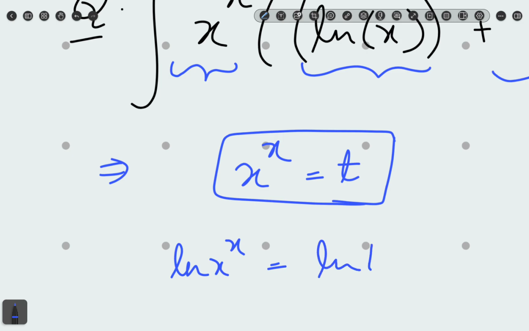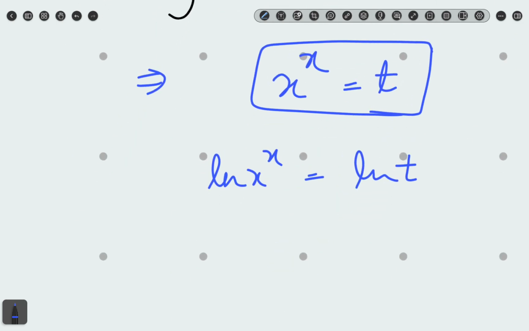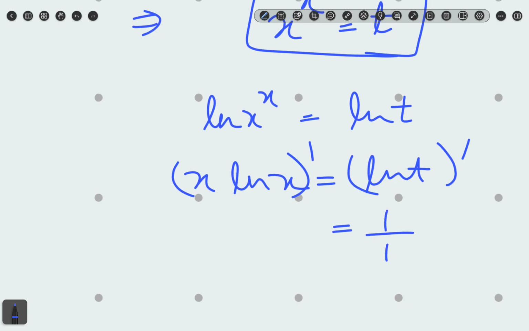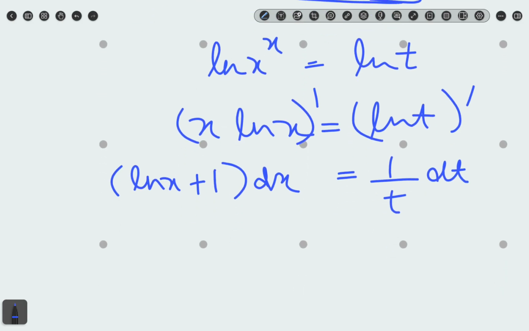By the property of log, we can say that this is in fact x ln x, right? Now let's differentiate both sides. Differentiating both sides will give us 1 by t dt here, and ln x plus 1 dx here, right?